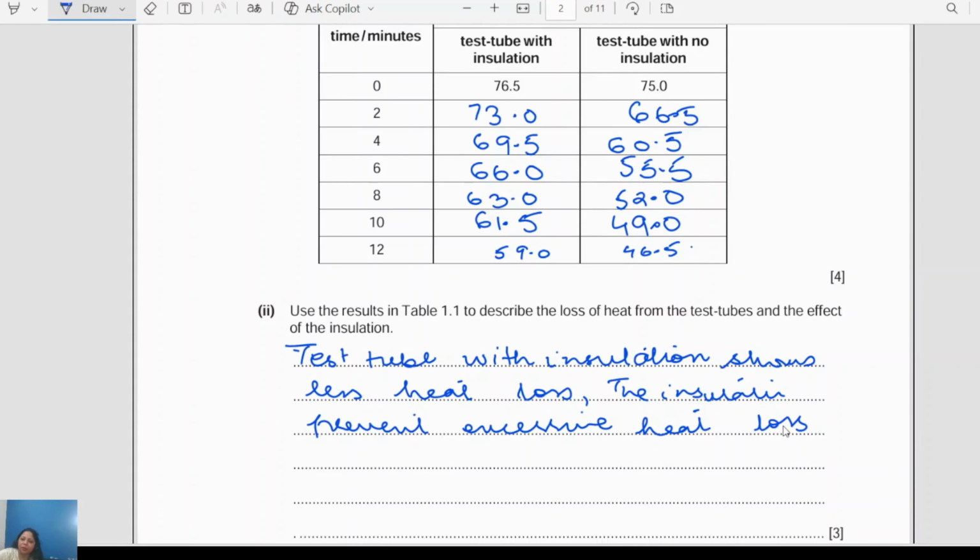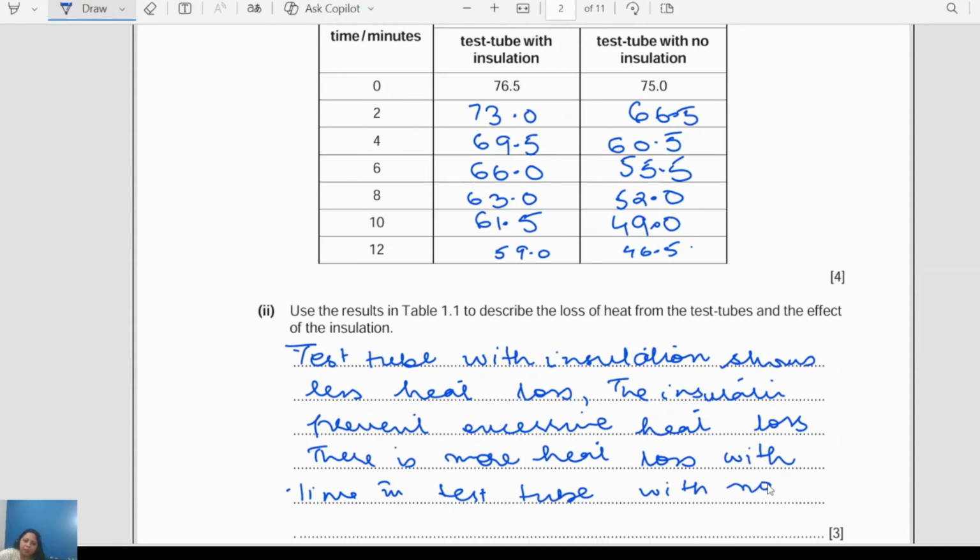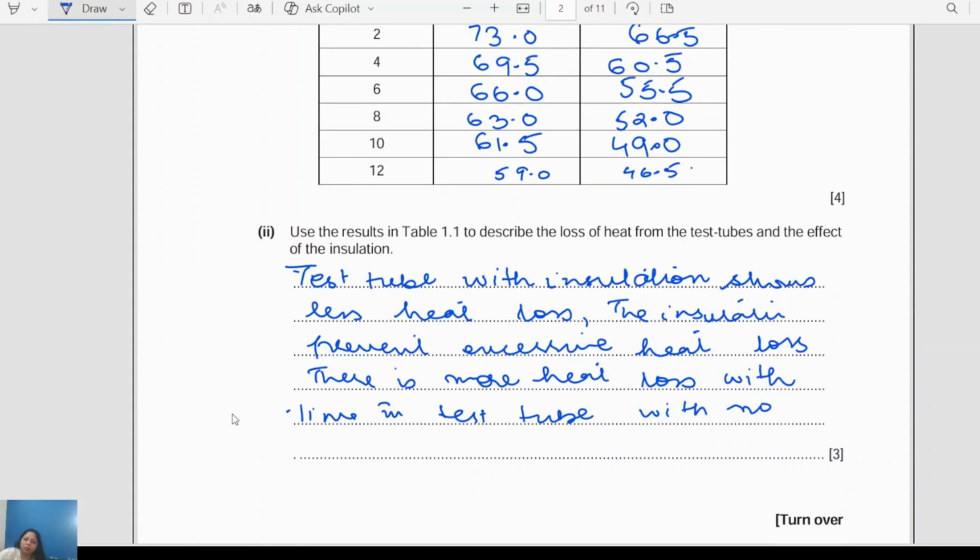No, we didn't write that. There is more heat loss with time in test tube with no insulation. Or we can also say the heat loss in the test tube with no insulation is more than the heat loss in test tube with insulation.